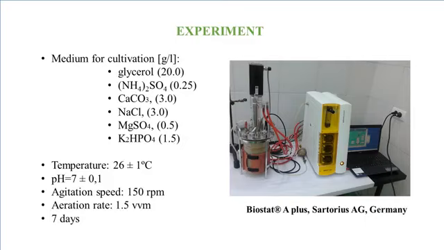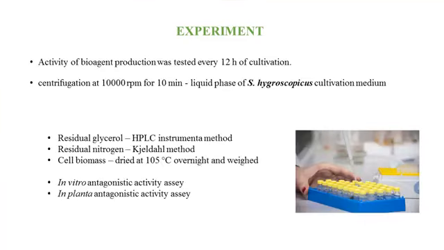Therefore, considerable interest has been shown in the usage of agricultural waste and also byproducts from the food industry as cultivation media in order to reduce production and upstream costs. Regarding this fact, pure glycerol, which was used in this study, and potentially waste glycerol, seem to be a promising component in cultivation media used for production of the active agent by Streptomyces hygroscopicus.